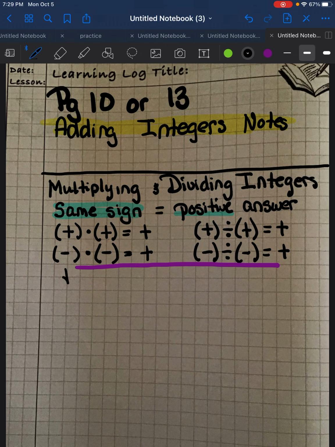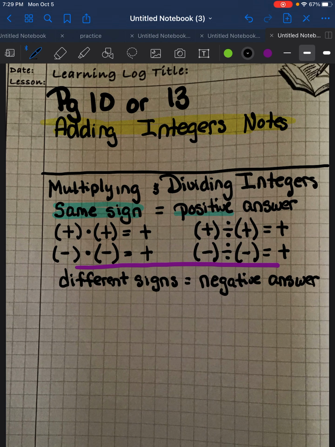Now, when we have different signs, we get a negative answer. And really, we're going to make our little chart, but that's all you need to remember.